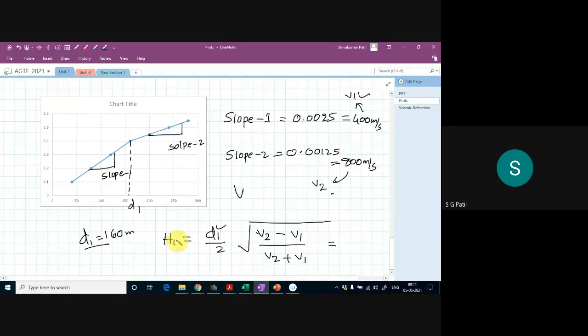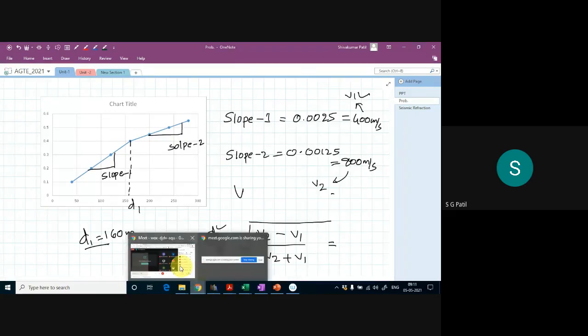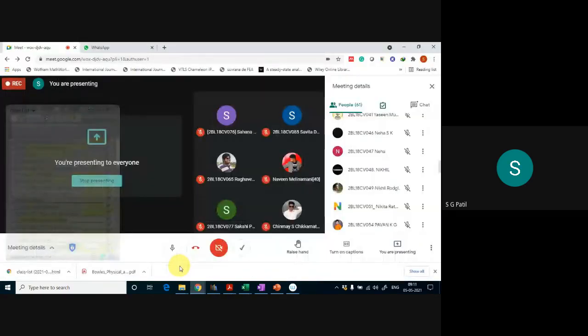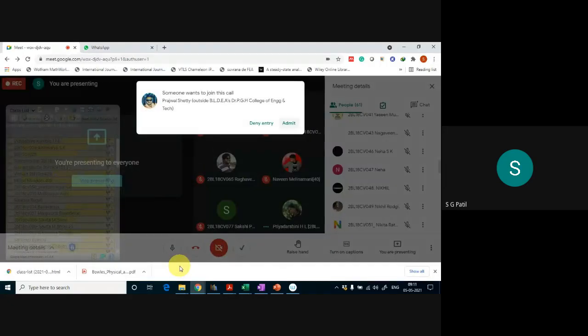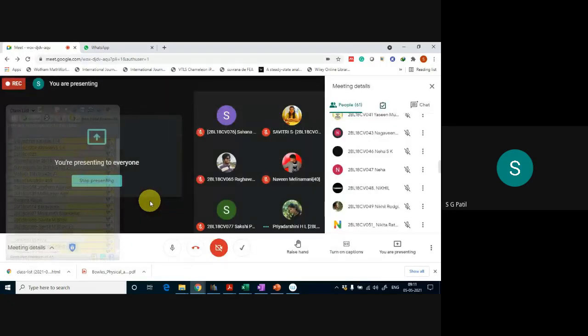Substitute and tell me what is the depth of the first soil layer. How much will you get for H1? Calculate.